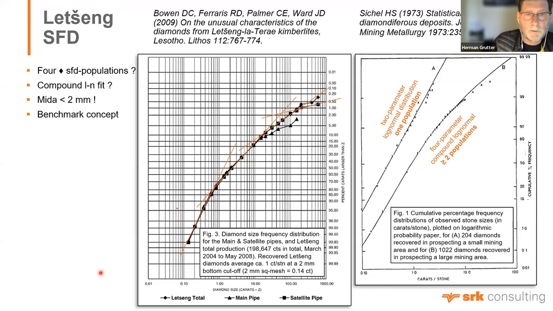Very simply put, from this perspective, there are 4 diamond populations represented in this size frequency distribution curve from Letseng. You can break up this curve into four 2-parameter log normal distributions. 1, 2, 3, 4.